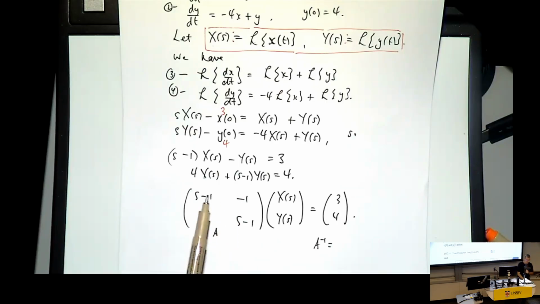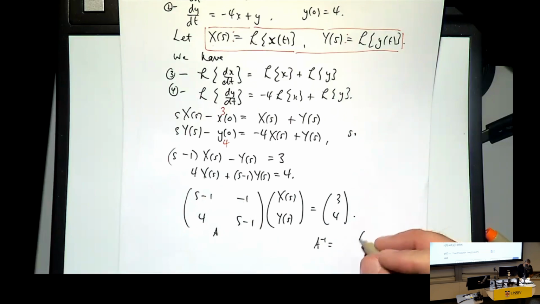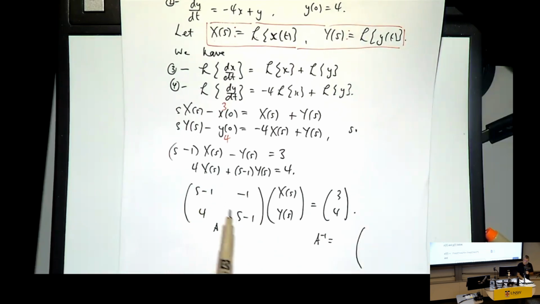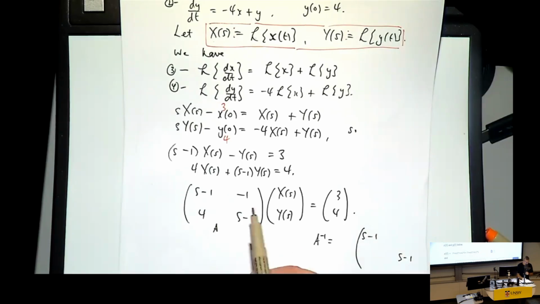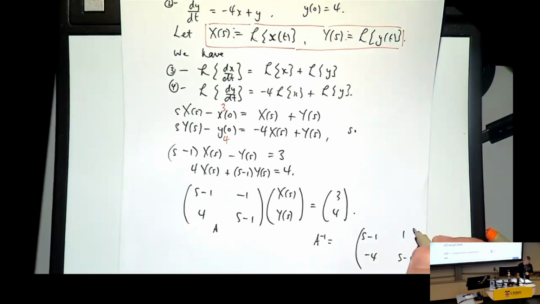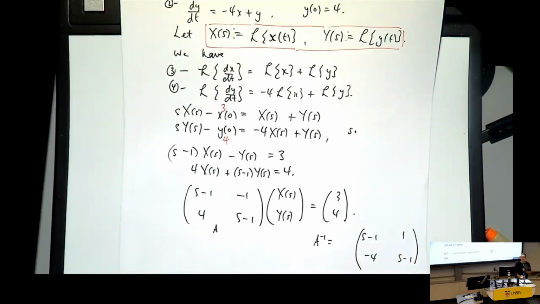You switch the positions of those two and you change the signs on those two. And you divide by the determinant. They're the same, so it's not going to change the main diagonal. You change the signs on those ones. And you need to divide by the determinant.